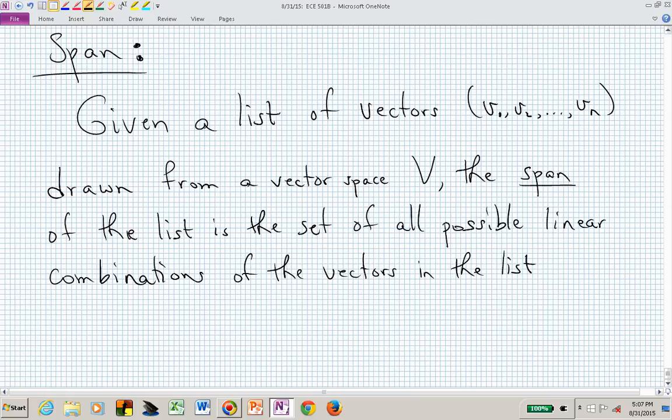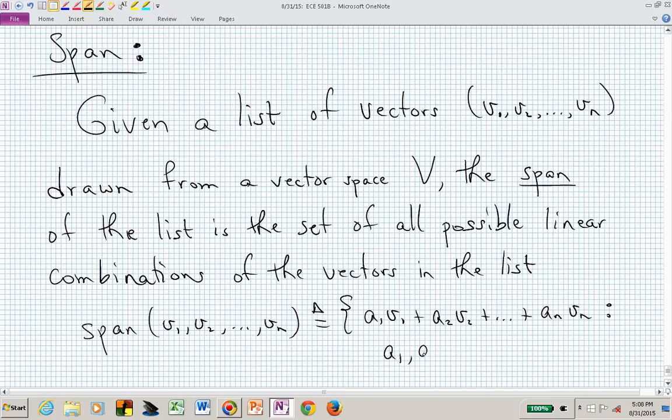And the notation that we will use is that the span of this list, so now span has an argument, and it's this list of vectors v1, v2, v sub n, that's defined to be a1 v1 plus a sub 2 v sub 2 plus a sub n v sub n, such that a1, a2 are any scalars from our underlying field of numbers F, where F could be real numbers or complex.